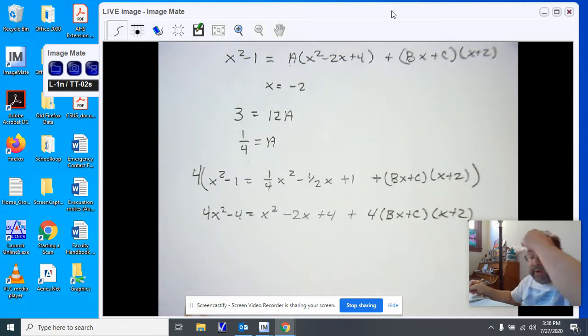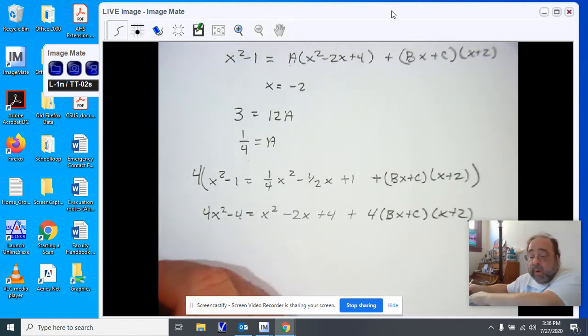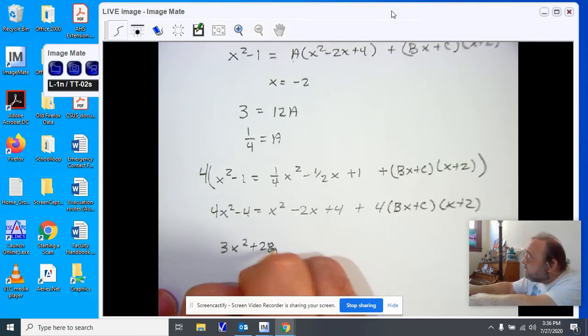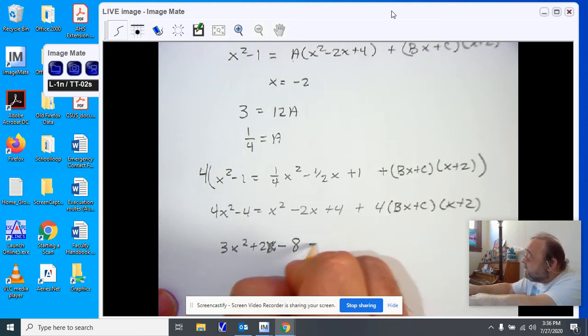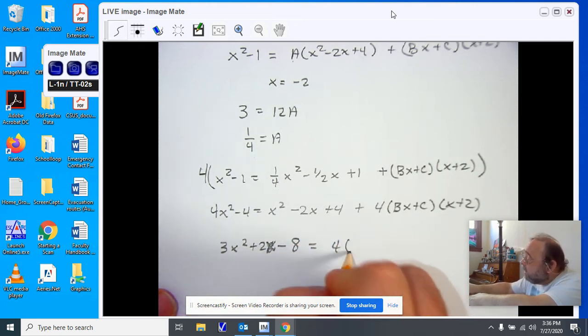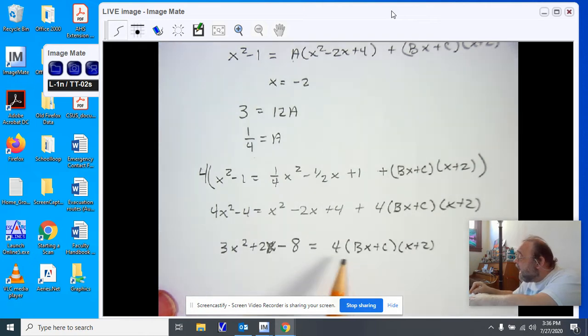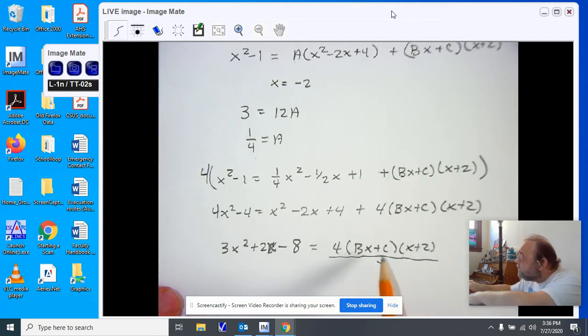Now we can move everything quite easily, and when we move them, we end up getting 3x squared plus 2x minus 8, and that is now equal to 4 times bx plus c times x plus 2. And you'll notice that 3x squared plus 2x minus 8 is a product of these factors, so I can now divide x plus 2 out.